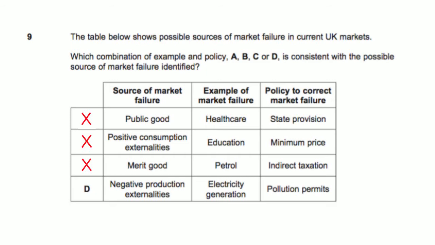So if the government correctly gave out pollution permits to those firms who generate electricity, it would cause the negative externality to either be reduced or internalised, which is reducing the negative externality. Therefore, D is right, because it has the correct source of market failure, the correct example, and the correct remedy for the market failure. The final question in this video is question 10.